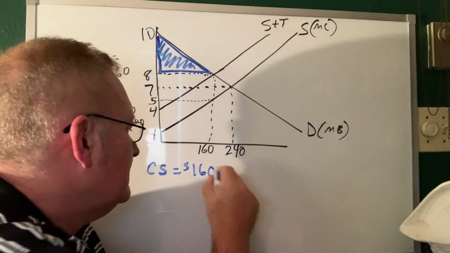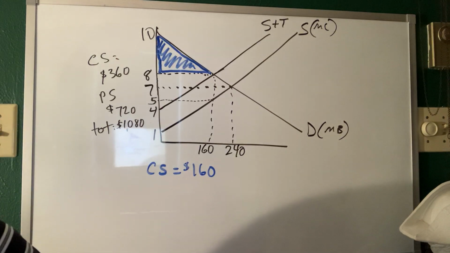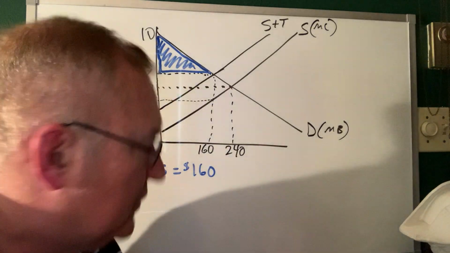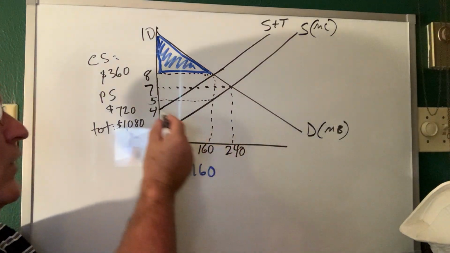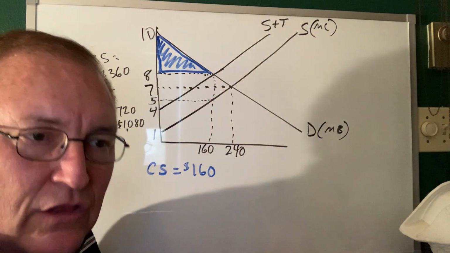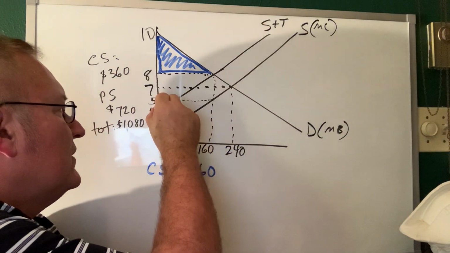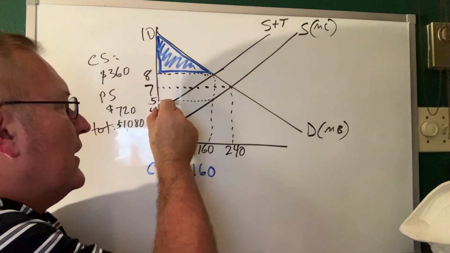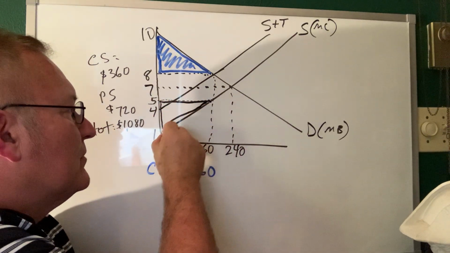Where's my producer surplus? Well, what is the amount that the seller is receiving? 5 in this case. What's the minimum that they're willing to take? 1. Trace this back to the quantity and down the supply curve.